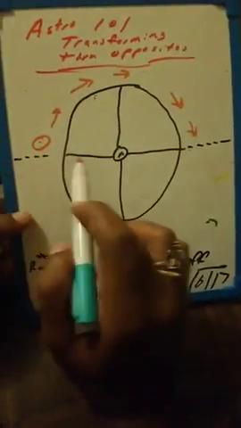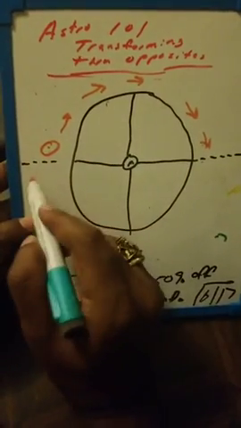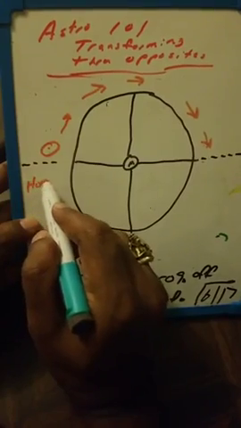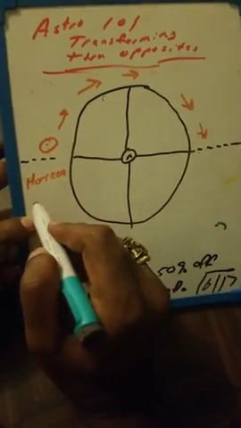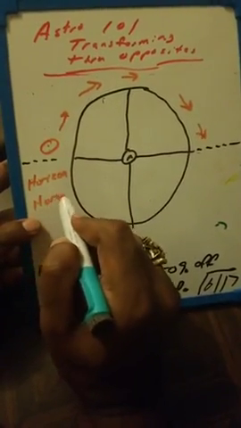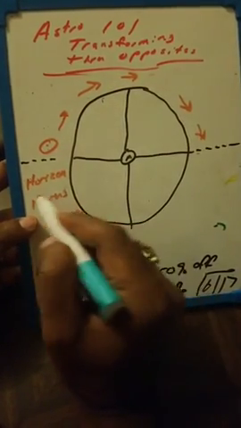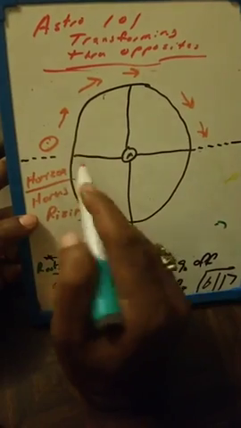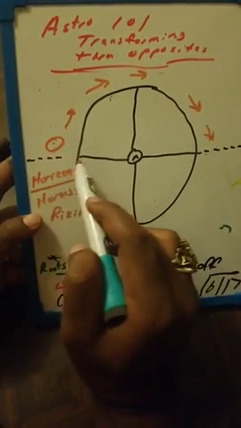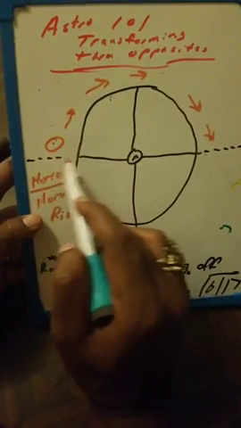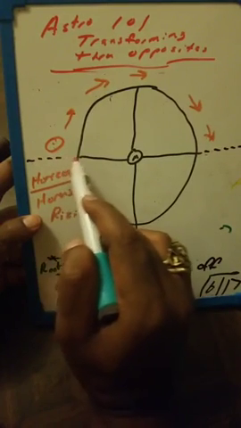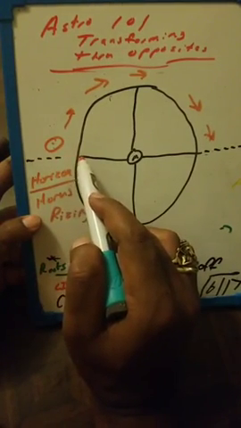That's why they call this Horus rising. The English is horizon, but it's Horus rising. So when you were born, one of the 12 signs was on the horizon.